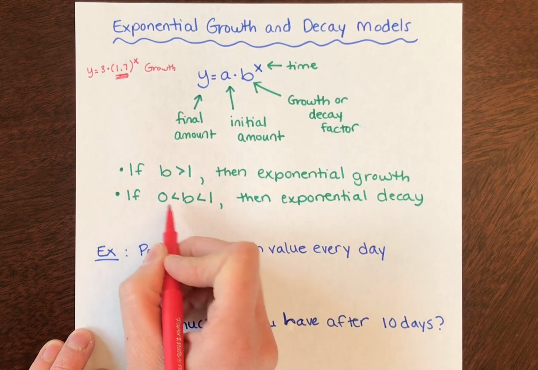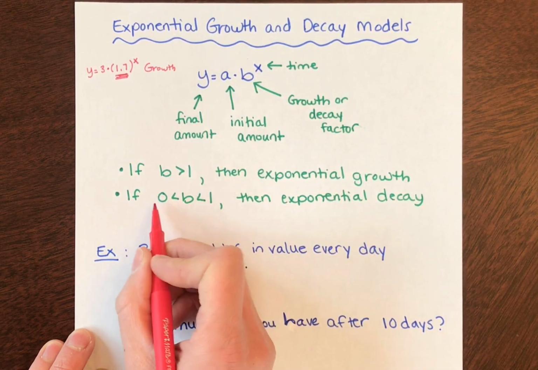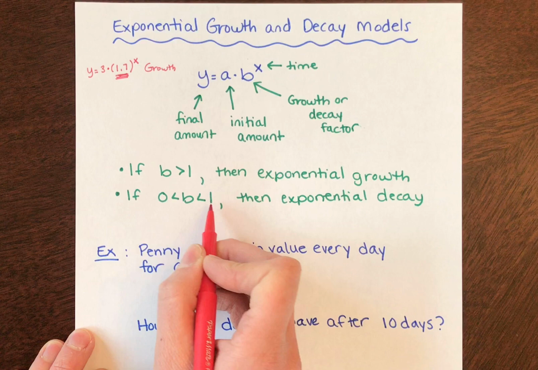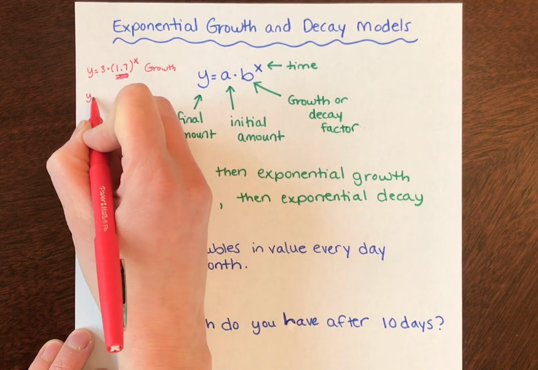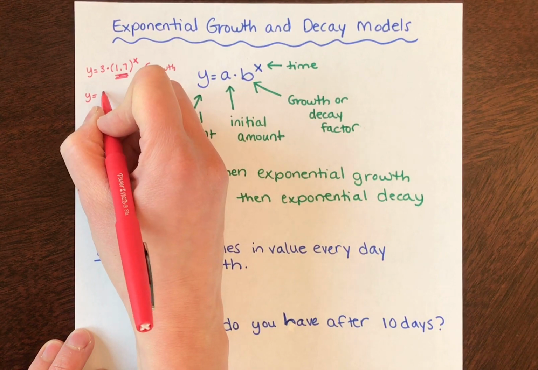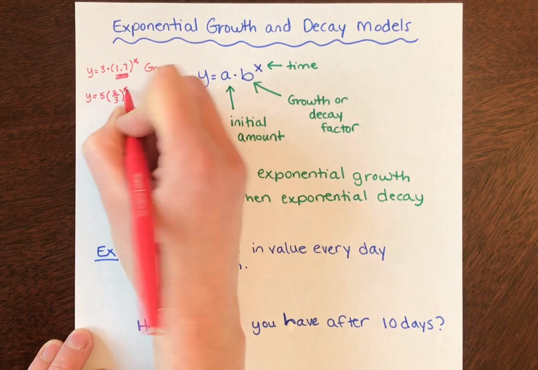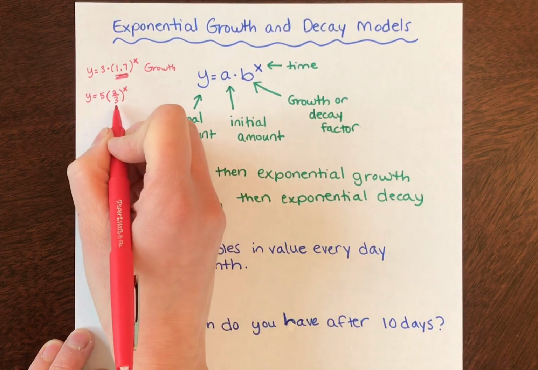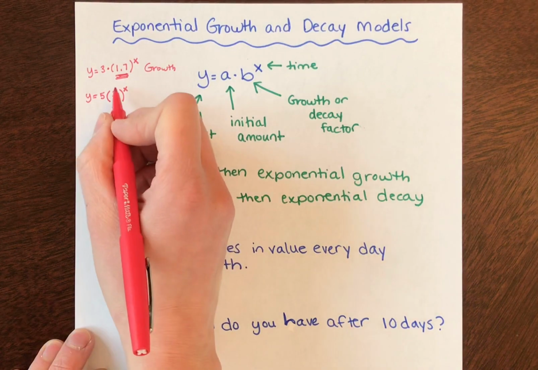Okay? Now, if the B value is between 0 and 1, so we're not talking about negatives, we're just saying, okay, is it somewhere between 0 and 1, then it's exponential decay. So an example of a decay might be something like y equals 5 times 2/3 to the x, okay, because this factor right here, which is what we call the decay factor, that's 2/3.